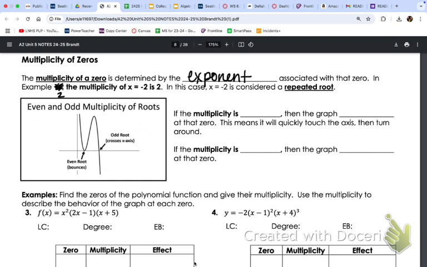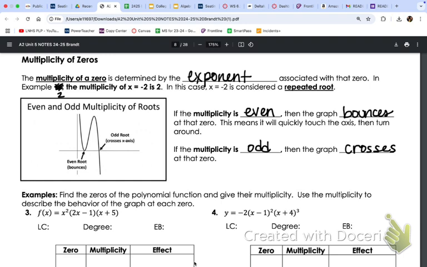All right, if the multiplicity is even, so 2, 4, 6, etc., then the graph bounces at that 0. That means it'll quickly touch the axis and turn around. If the multiplicity is odd, then the graph crosses at that 0.